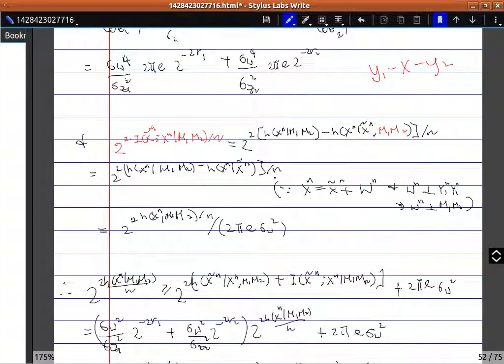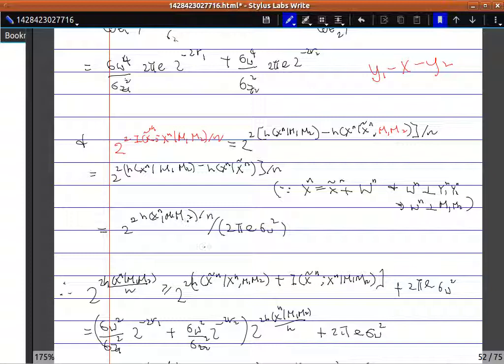Now for this another term, again, we just expand this mutual information into the difference of two conditional entropies. And for this M1 and M2, you can remove that because we have x is equal to x tilde plus w, and w is independent of M1 and M2.